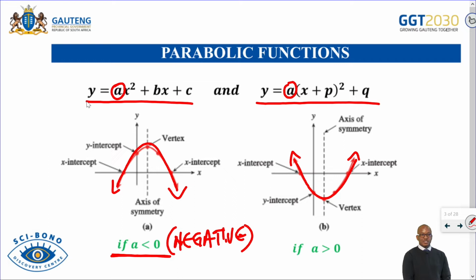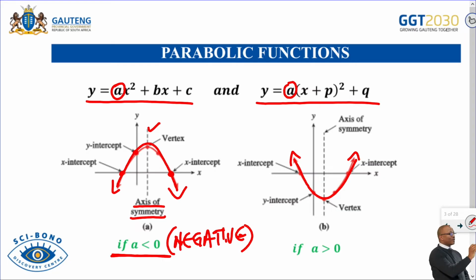And remember, as we sketch our graph, we have what we call the axis of symmetry of the graph. The axis of symmetry cuts your graph into two equal parts from left and right. And then we also have our x-intercepts, our y-intercept and vertex.